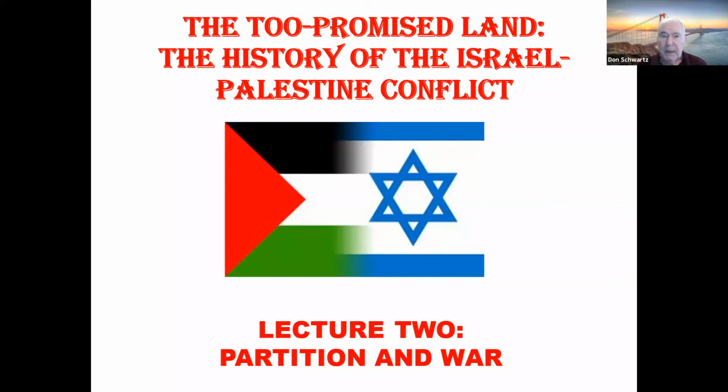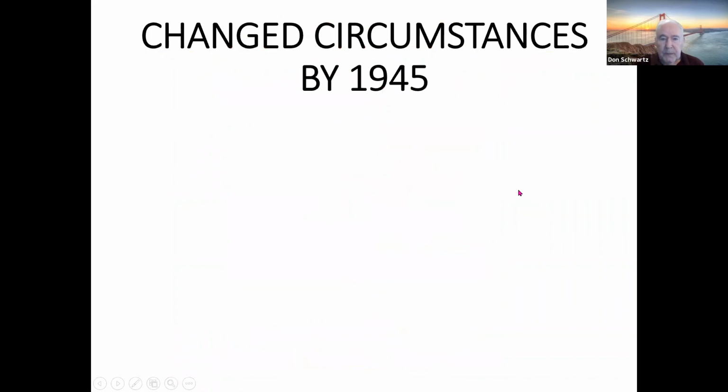he put forth. But I'd like to begin this lecture by summarizing some of the things that we addressed in the lecture last week. So World War II was really a watershed in the history of the Israel-Palestine conflict because of the changed circumstances that occurred at the end of World War II.